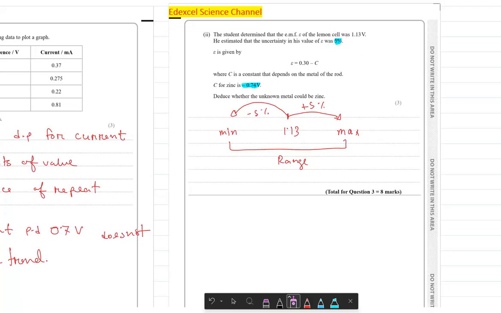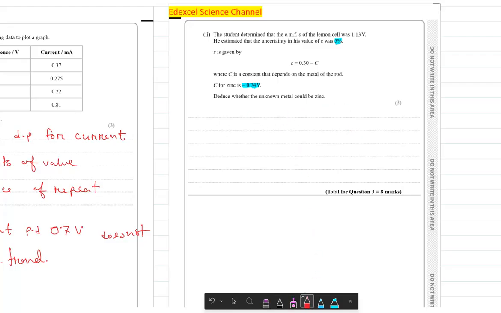So what I want to do right now is find out the minimum possible value of the EMF and the maximum possible value of the EMF. Then I will rearrange this equation and make C my subject. Then I will find out different values of C to find out if it is really zinc or not. So let's do it, guys.